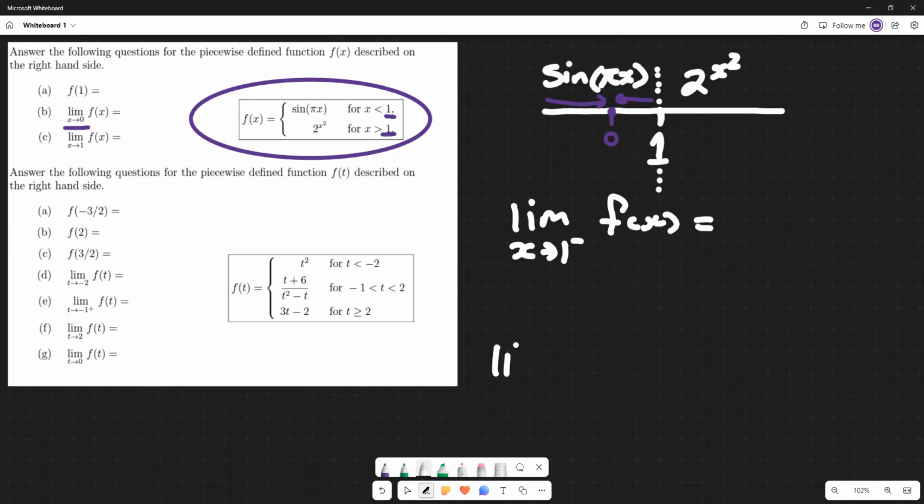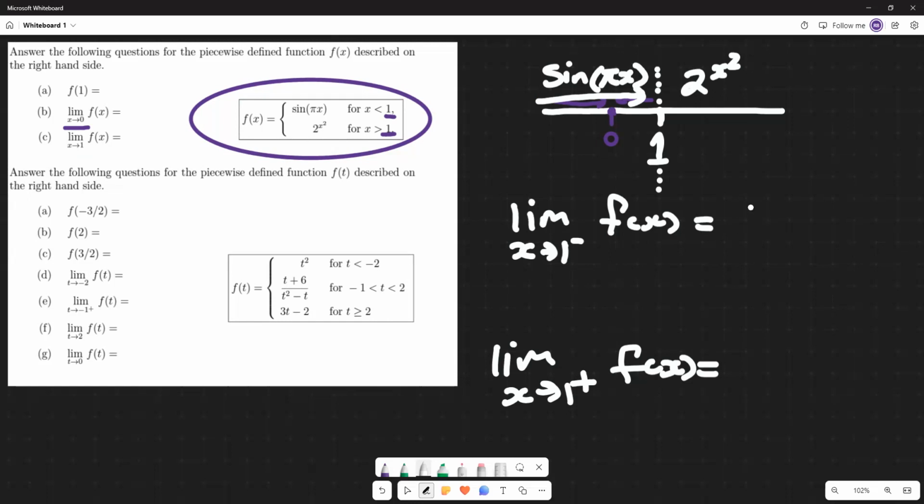And then we also need the limit as x approaches 1 from the right of f of x. As we approach 1 from the left, basically, we are on the side of this function.